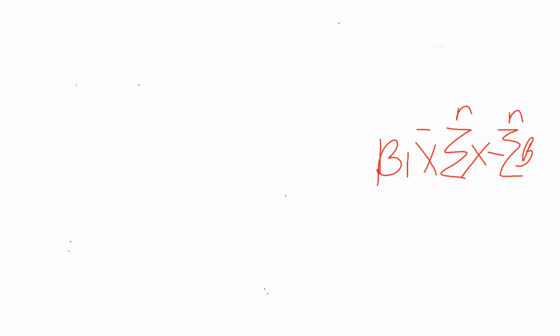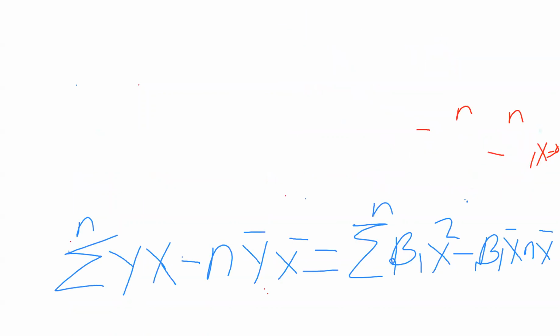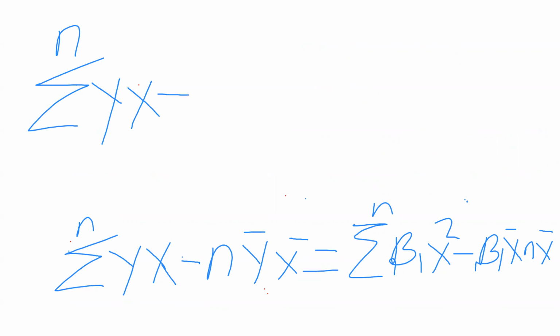Are you following? People are following and they are understanding. So n summation of yx minus n y bar x bar is equal to, we can factorize what? We can factorize beta 1 now because it's common.